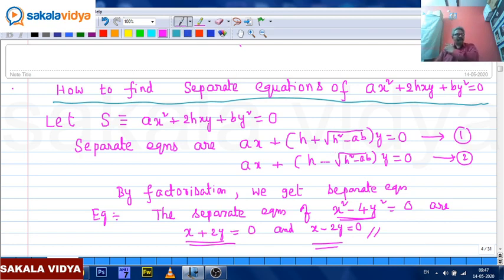So you remember this one. Both are plus only, here the sign will change. That means ax plus h plus or minus root of h square minus ab of y equals to 0.